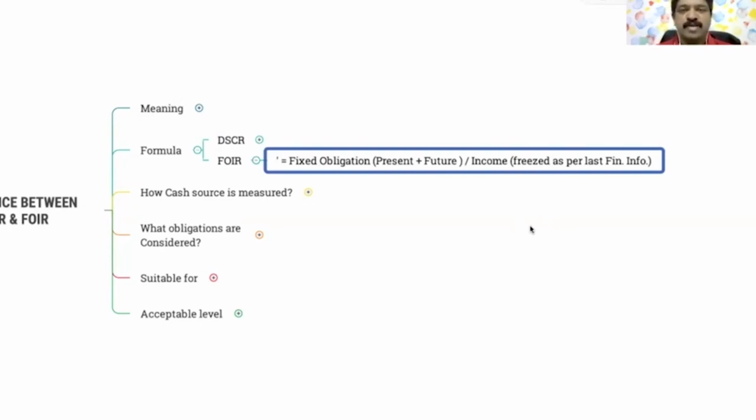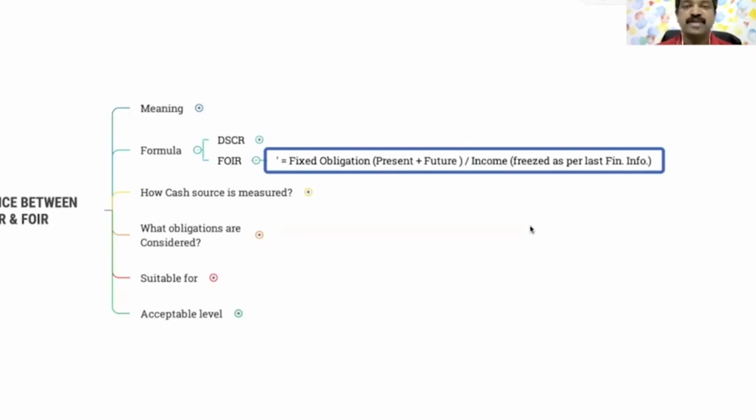And this is one distinct difference when compared with DSCR. Here, when we take the income in FOIR, that is the cash profit, it is frozen as per the last financial information. That is, if the customer is approaching now, let's say we are in December 20, the customer is approaching for a loan for, let's say, the next 5 years.